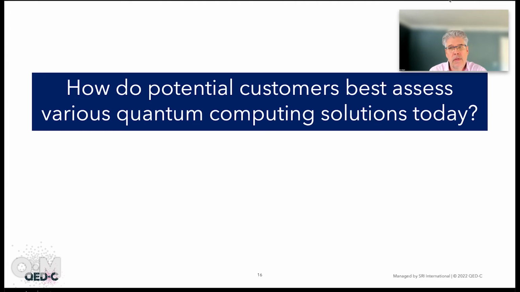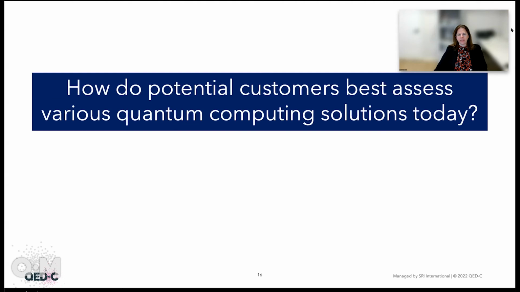Alexandra. Yeah, I'd say that the answer to this question is different today than it will be when more full solutions are available. Once there are more fault-tolerant computers out there, then it'll be a different analysis that potential customers will have to make. As of today, given the solutions that are available, it really is based on need.